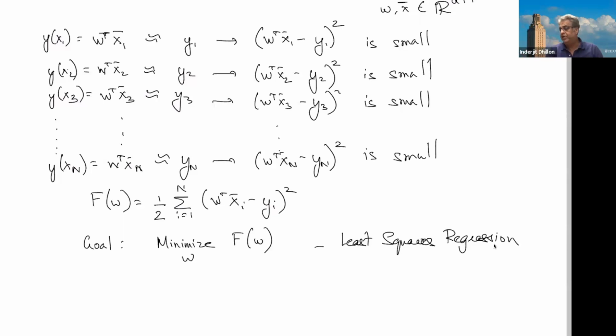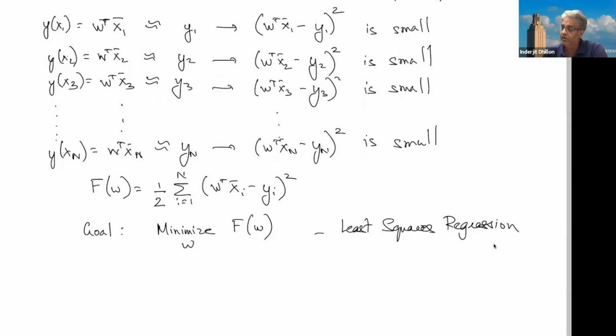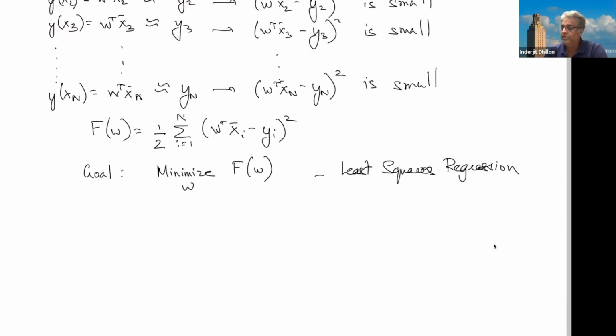Okay, so now we have a particular mathematical problem, right? We need to find the W that minimizes the sum squared error of the prediction from the true value. So how do we go about solving this problem? This is where linear algebra comes in, and we'll see that with linear algebra, there are advantages. We'll be able to express the problem compactly.